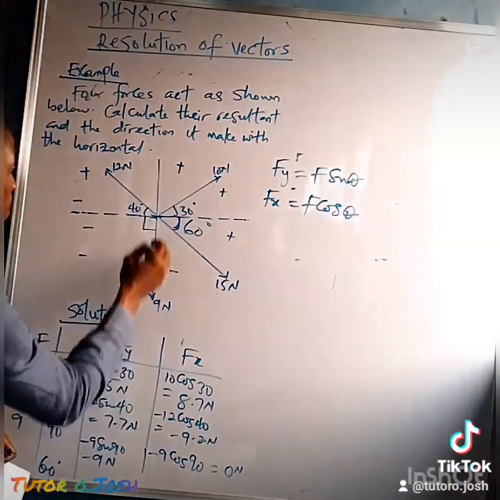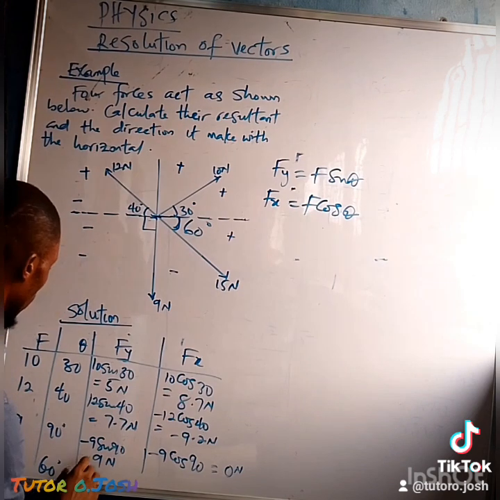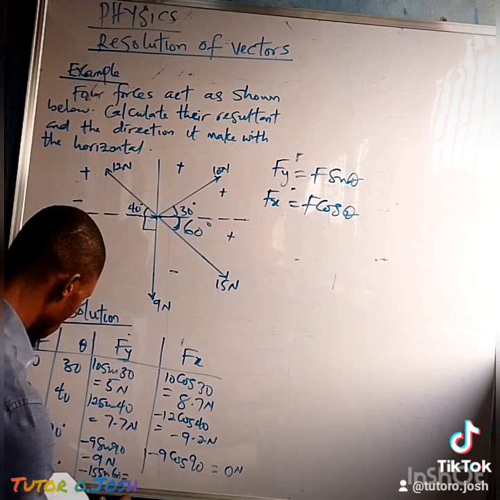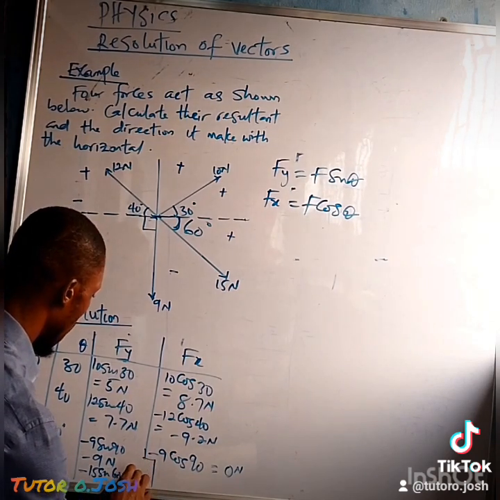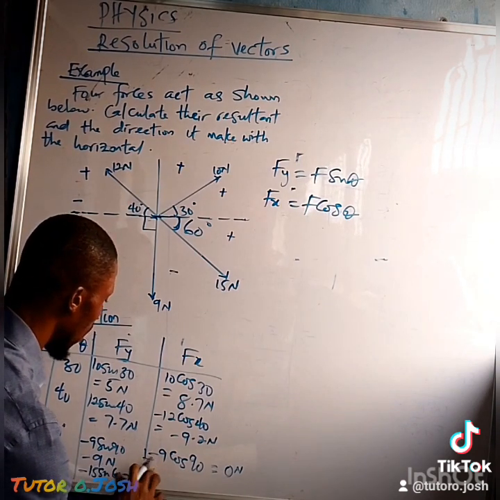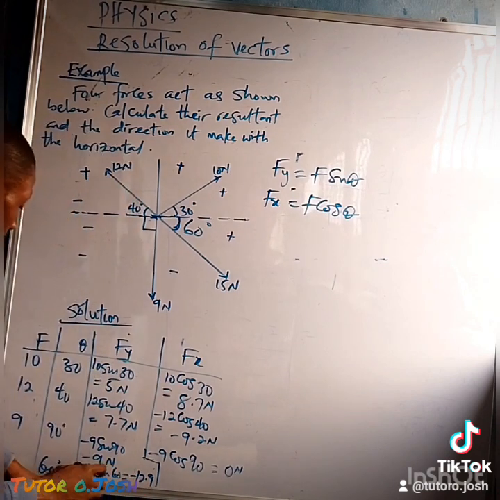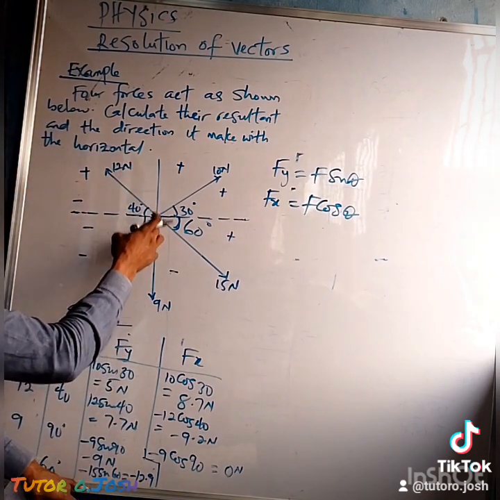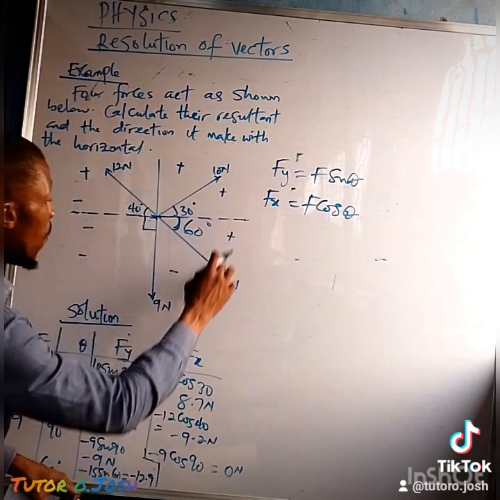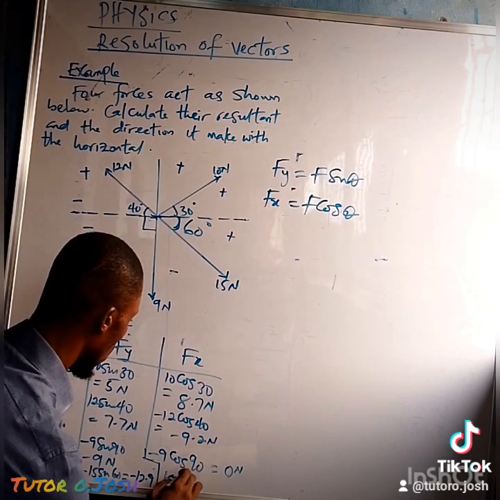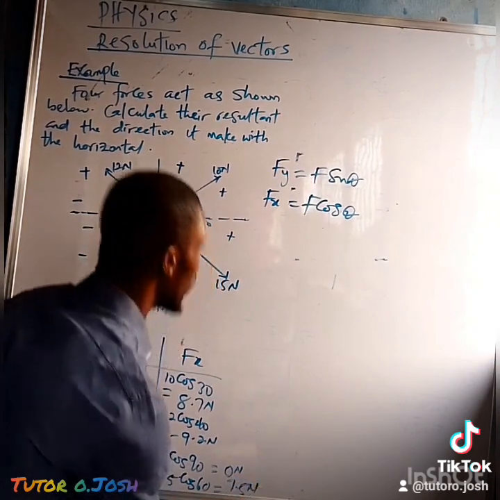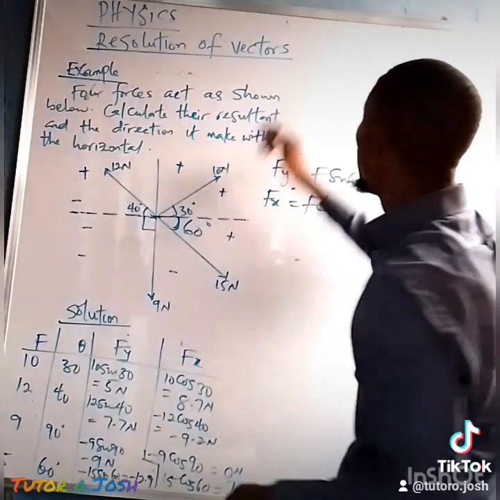So the vertical component Fy is minus 15 sine 60, and that gives minus 12.9 Newton. That is the vertical component for the 15 Newton. Then its horizontal component is 15 cos 60, and that gives 7.5 Newton.